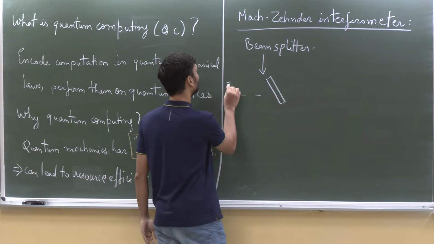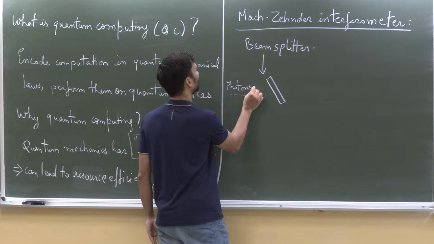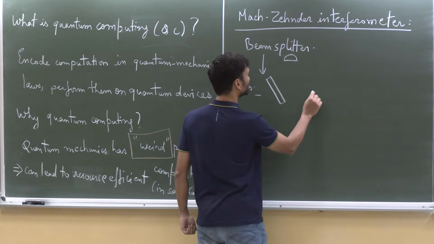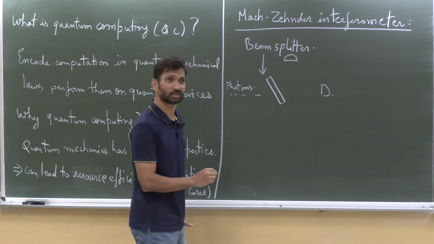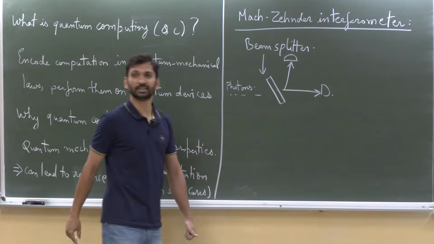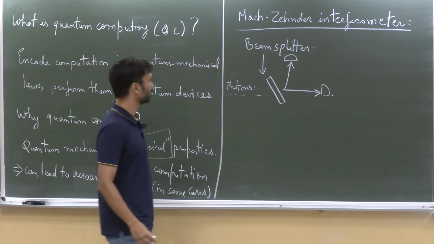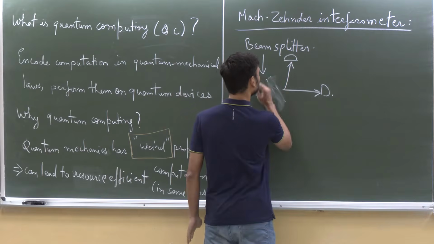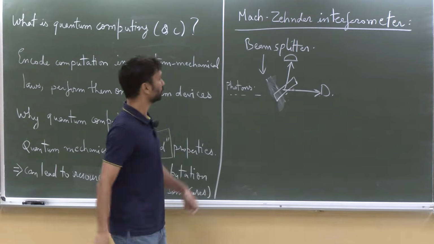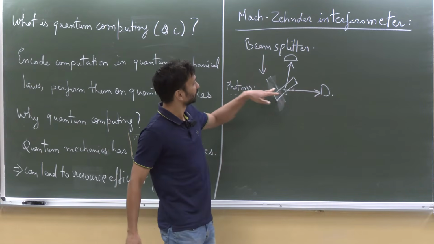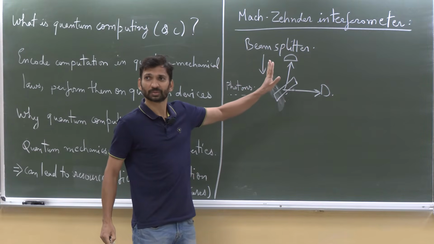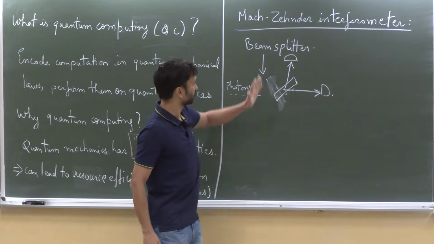If you shoot photons like this, you have a detector placed here, you have a detector placed here, you will see half the intensity going there and half the intensity going here. So you can say that half of the time the beam passes through, half of the time it is reflected. Okay. So what do you expect?